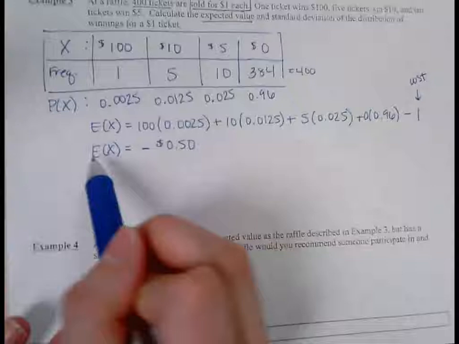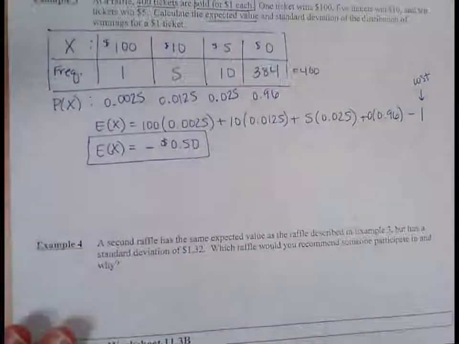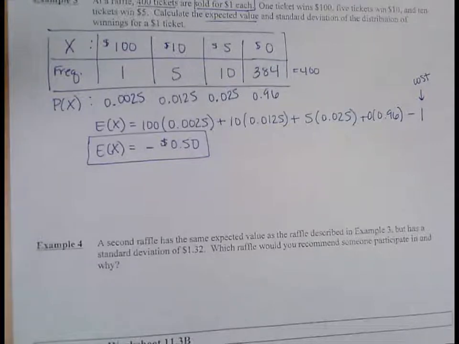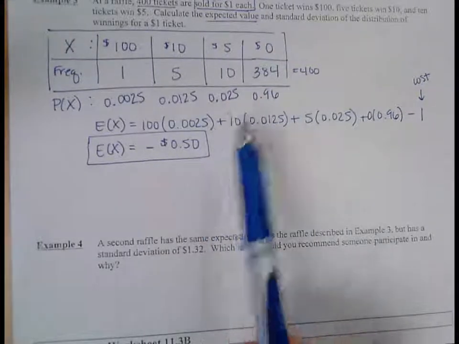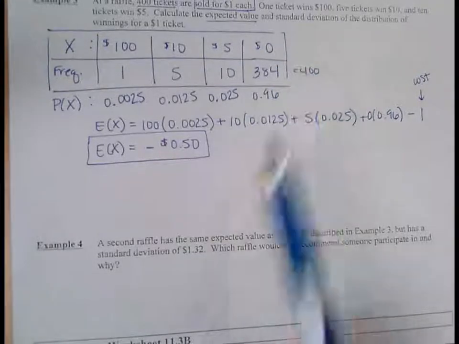Okay, so to make sense of that, you would expect by entering into this raffle to lose 50 cents. That's what that means. Okay, so really, I guess you could look at it this way. You're looking at earning 50 cents, but since you're paying $1, you're really at a 50-cent loss. So that's what is expected. And that's really due to the very high probability of winning nothing.